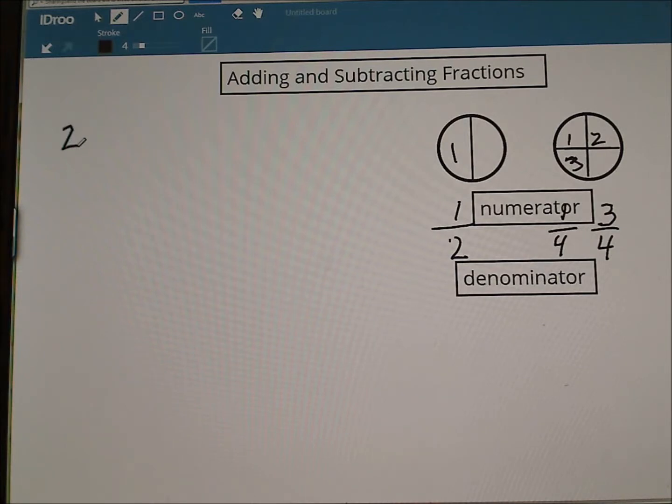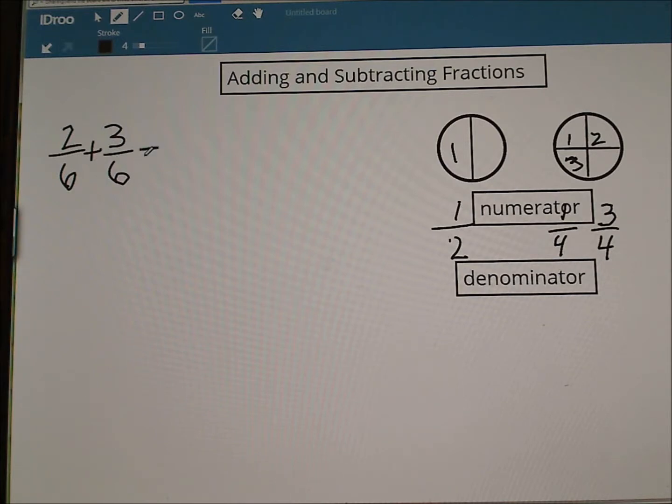We have 2/6, and to that we're going to add 3/6. As you can see, both of these fractions have a denominator of 6. So they already have a common denominator.